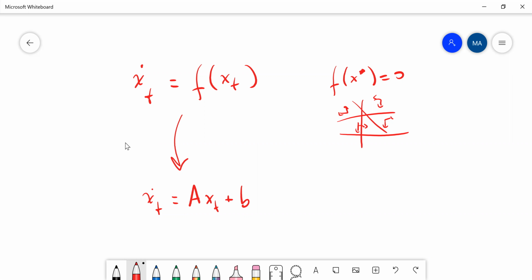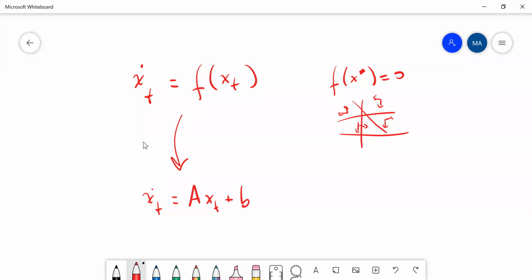So we want to make sure to tell exactly which type of dynamic equilibrium this is, okay? Is there a question in chat? Oh, okay, no. So we want to make sure we know the stability properties of the equilibrium. And if we linearize the system, we can tell exactly what type of equilibrium this is.